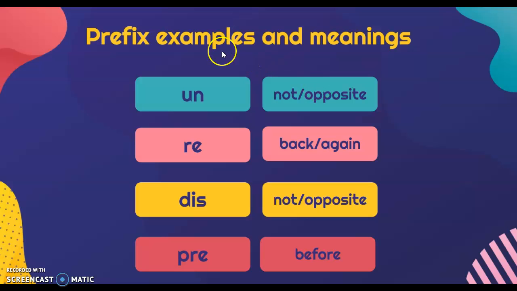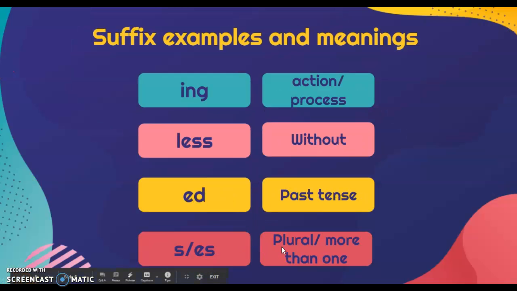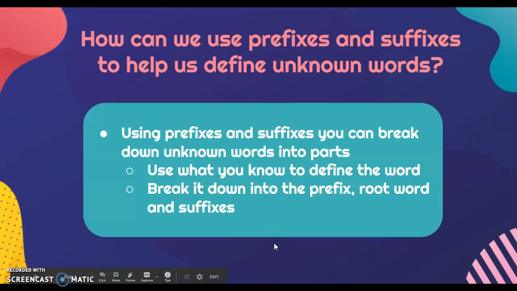Some examples of prefixes are un, not or opposite; re, back or again; dis, not or opposite; and pre, before. Some examples of suffixes are ing, action or process; less, meaning without; ed is past tense; and s or es is plural, meaning more than one.